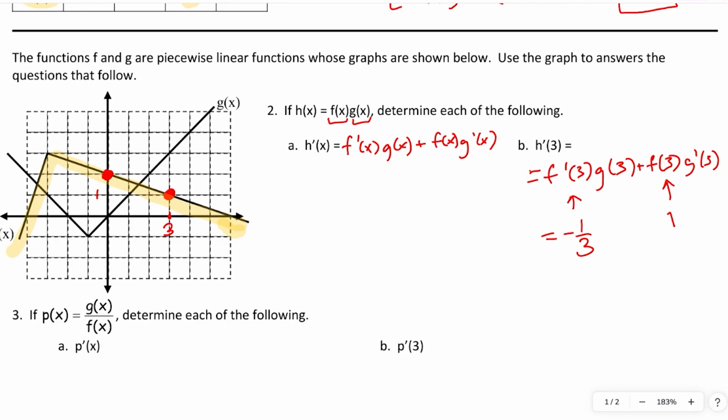Now let's take a look at function g. So I'll erase all this. Function g is highlighted here. And we want to evaluate both the y value of function g and the slope at x equals 3.